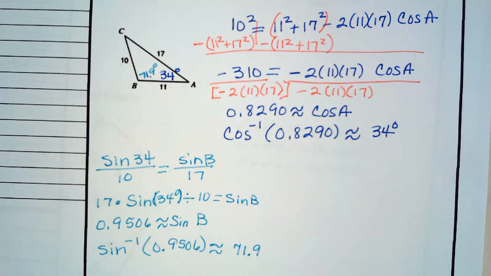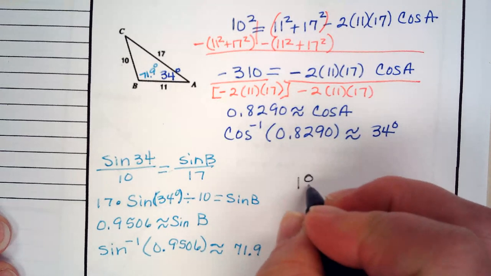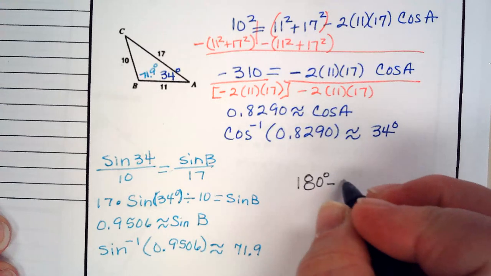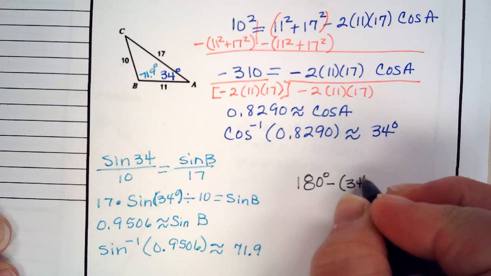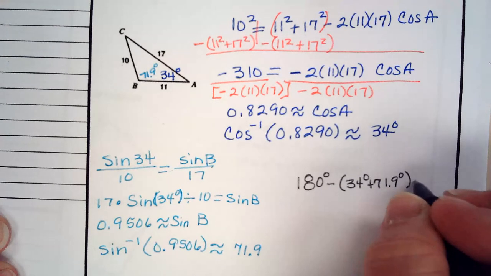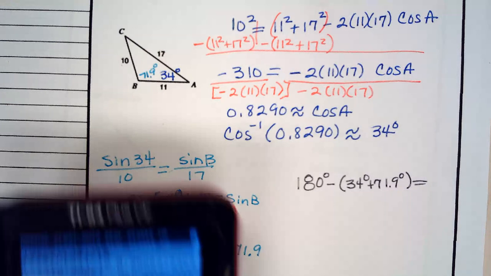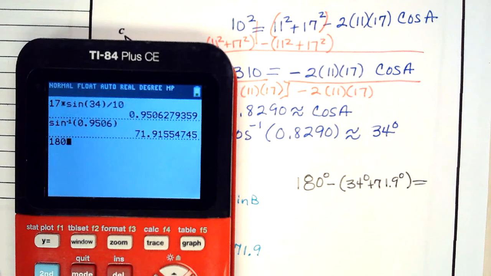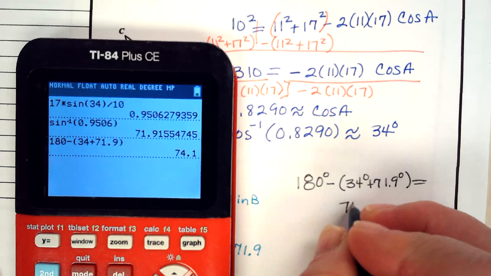Now, triangle sum theorem is how we will finish strong. 180 degrees minus 34 degrees plus 71.9 degrees is equal to 74.1 degrees.